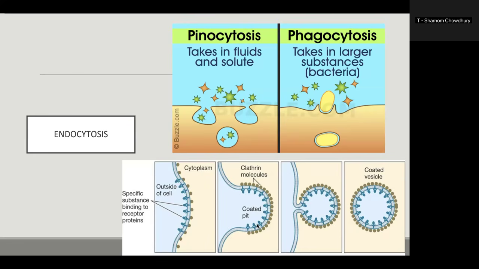Now you have a coated vesicle. The sites of internalization, when it starts to fold in on itself, are known as coated pits. These coated pits have specialized proteins known as clathrin, which help coat the vesicle once the substance binds to the receptor.